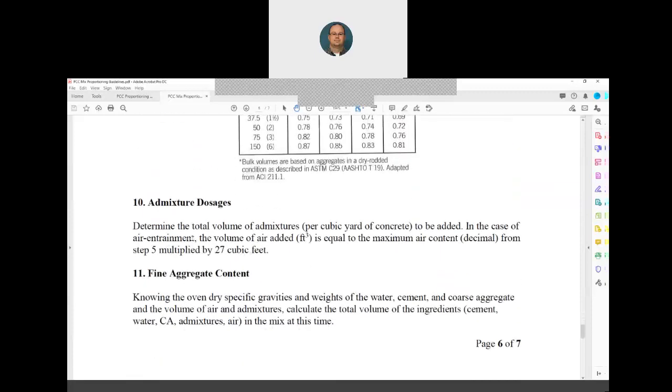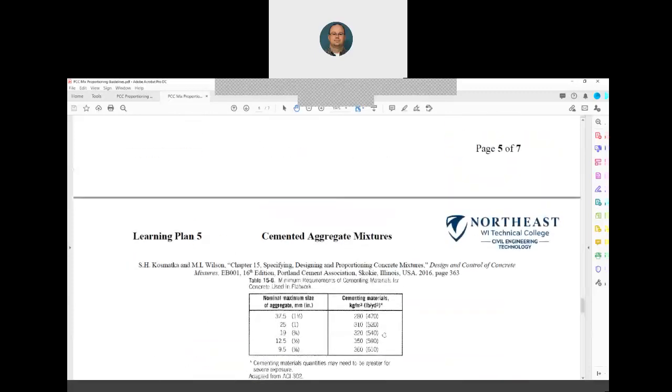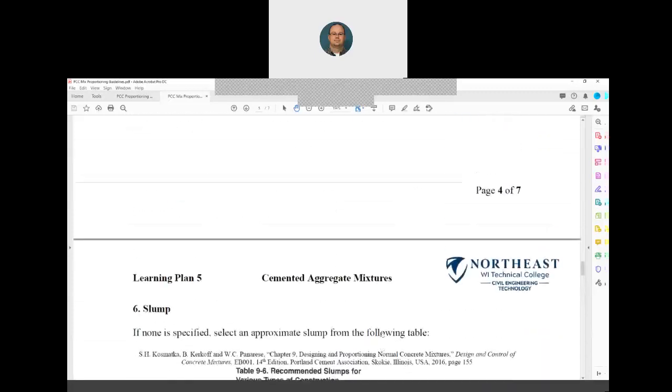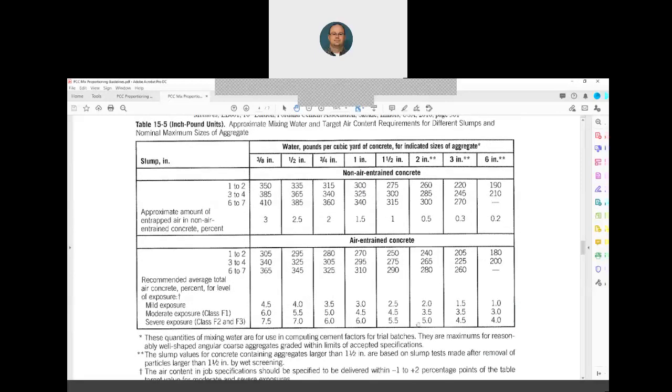So, admixture doses. Determine the total volume of admixtures per cubic yard of concrete to be added. In the case of air entrainment, the volume of air added is equal to the maximum air content from step 5 multiplied by 27 cubic feet. So we determined that if we're using air-entrained concrete, and I can't remember which example I wanted to use, say I have a severe exposure, I'm using 2-inch maximum size aggregate, and I'm using 6% air.